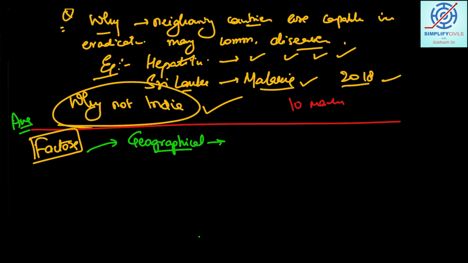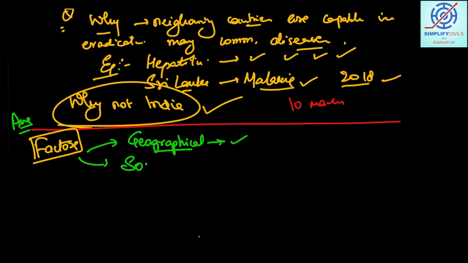They are not getting the optimum temperature to multiply. However, in the tropical region humidity is there, and this is the reason the organism is able to multiply and replicate.